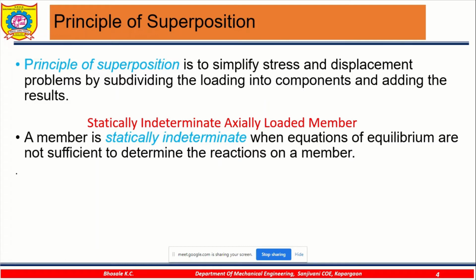A member is statically indeterminate when the equations of equilibrium are not sufficient to determine the reactions on that member. For that member we have to find out the reactions at both the ends, and from that we can solve the numerical. So this is the principle we are using to solve the problem.